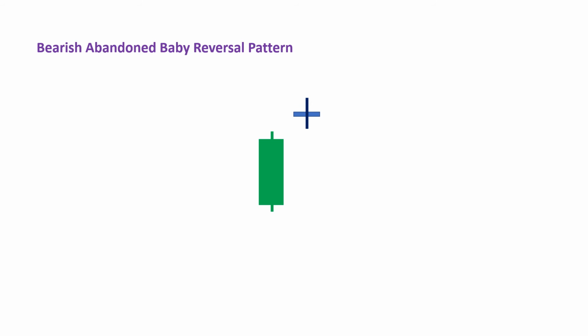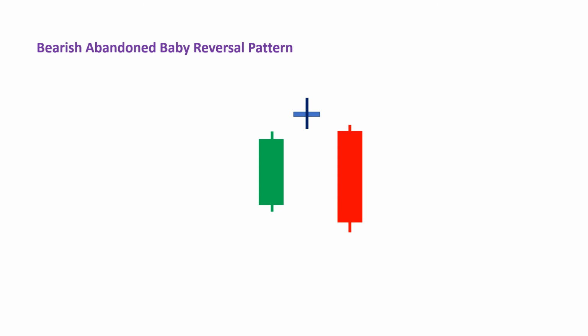The second candle is a doji, which gaps up in relation to the first bullish candle. It has a small body indicating that the opening and closing prices are very close to each other. This reflects market indecision. The third candle is a strong bearish candle indicating a downtrend move.